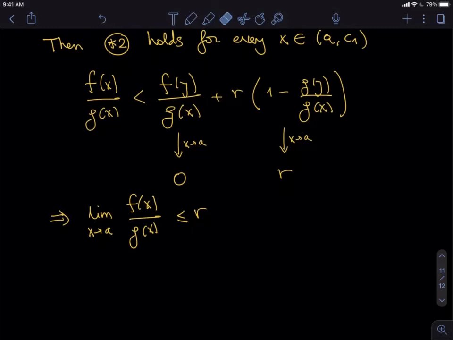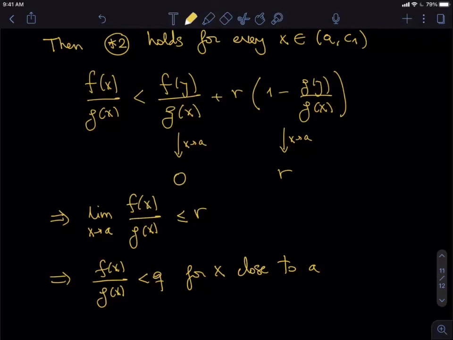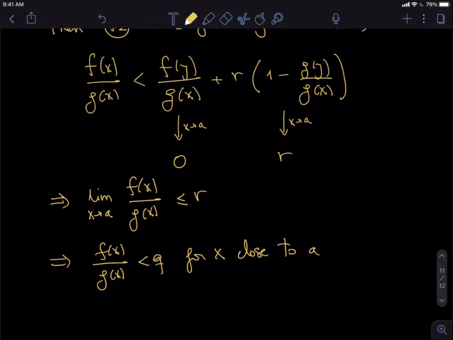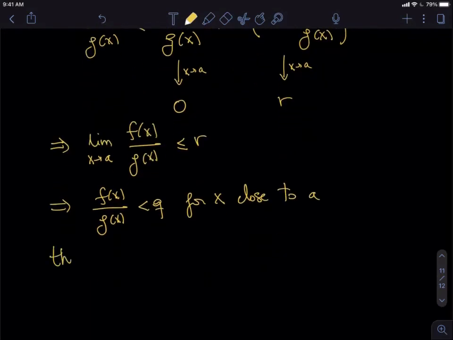Well, actually we can write f of x divided by g of x less than q for x close to a. But here again, what does it mean close to a? Okay, that means that there exists some C2 in AC1.